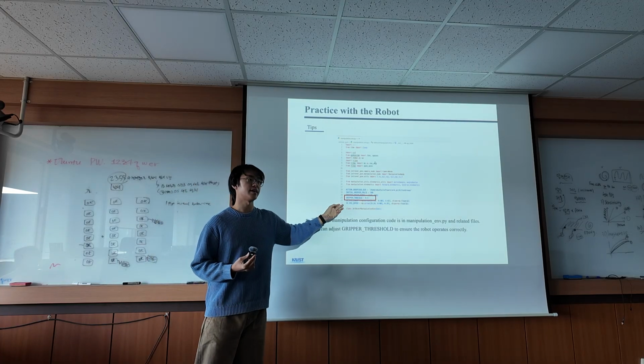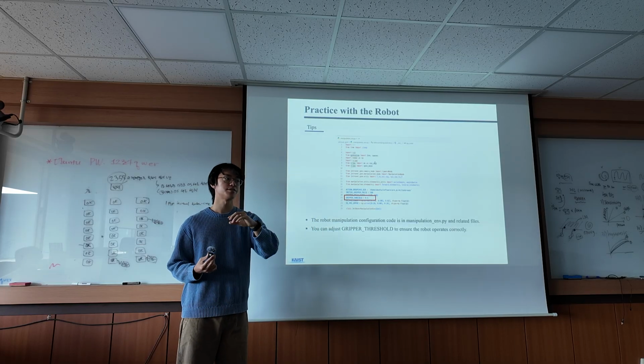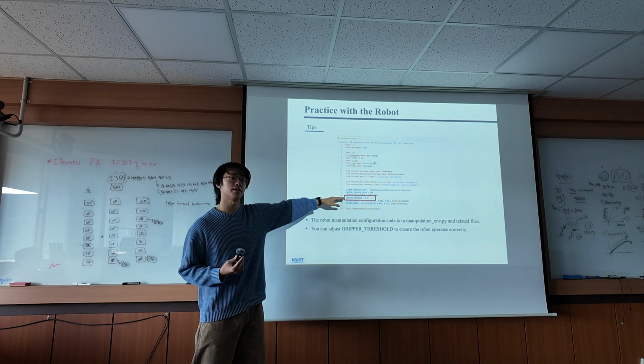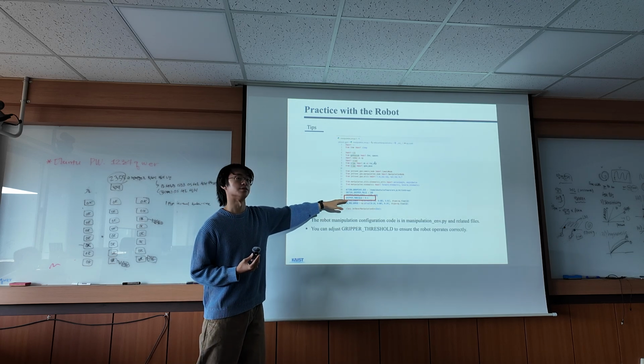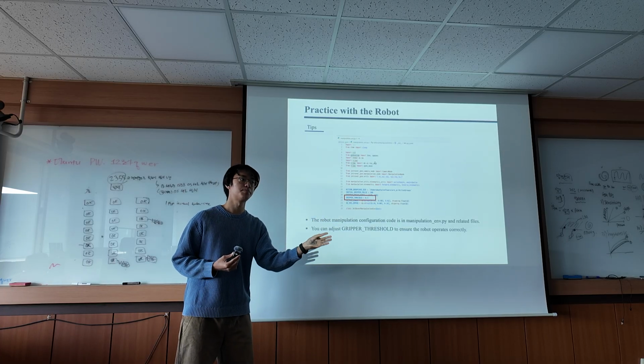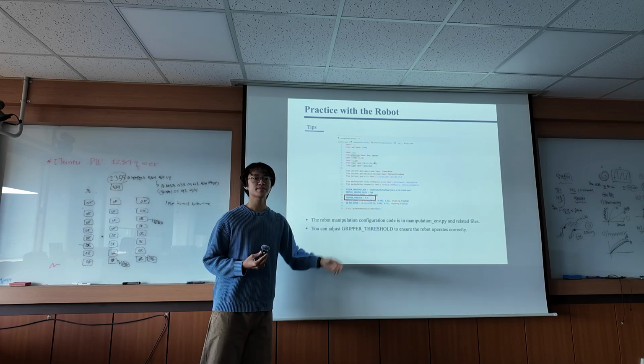But in actual inference, the policy can output a continuous value like 0.4 or 0.6. So we explicitly implemented the gripper. When the gripper state is above the threshold, it is always open, and vice versa.